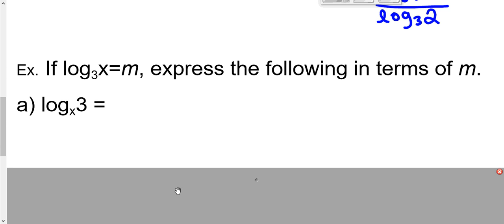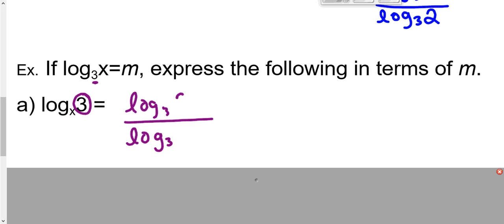Well, our first one, log base x of 3. So this is different because we need a log base 3 of x, so it's the opposite way around. So to change this, we want log base 3. So when we use our change of base formula, we have a top and bottom with our new log base. The big 3 goes on the top.